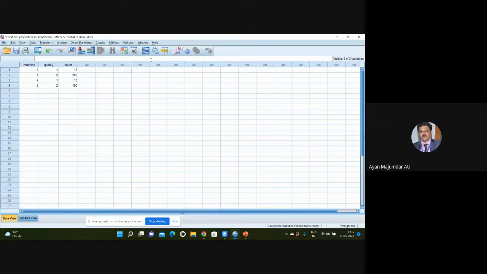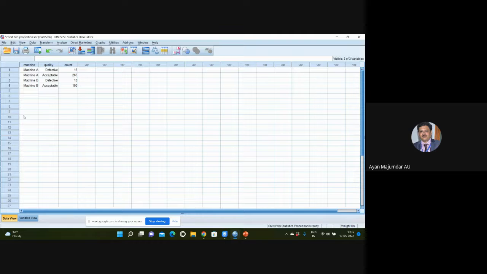So we are taking the proportion of defective to total and we will see whether there is a significant difference in the performance. Now, out of 280, 15 is defective, so the rest 265 is acceptable.